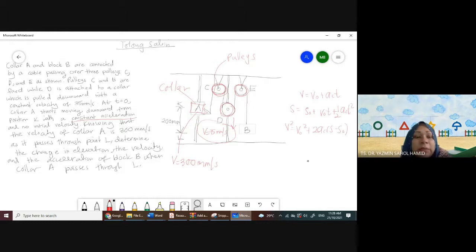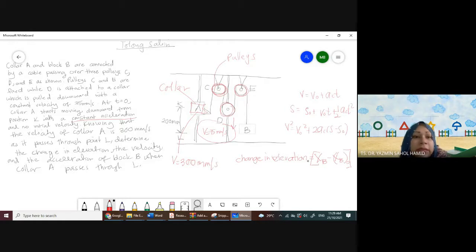Now determine the change in elevation, the velocity and acceleration of block B. Change in elevation means xB minus xB naught. This is the change in position, meaning the final minus the original.